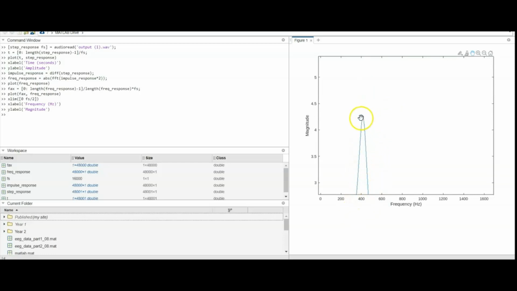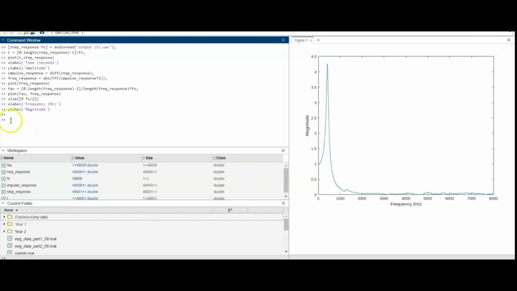Our frequencies will be amplified greatly at that point, and then after around 500 it's going to start decreasing a lot, and then around 1000 it'll be back to its usual, it'll be attenuated. So it shows us that it will work as a low pass filter.